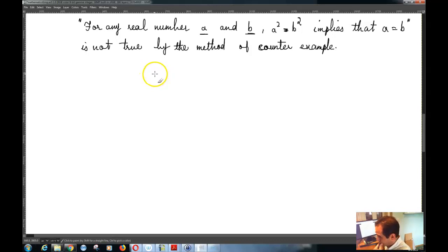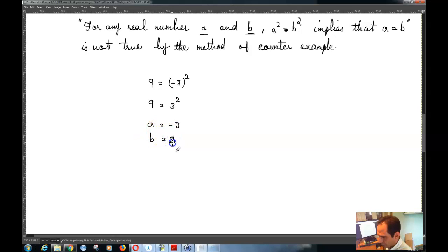Let's say 9 is the same thing as negative 3 squared, and also 9 is equal to positive 3 squared. So you can take your a as negative 3 and your b as positive 3.